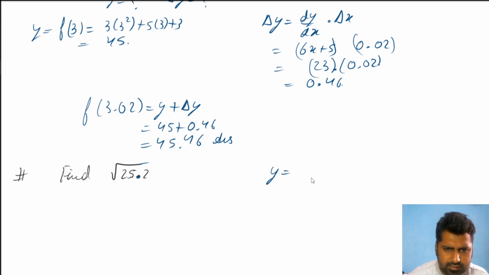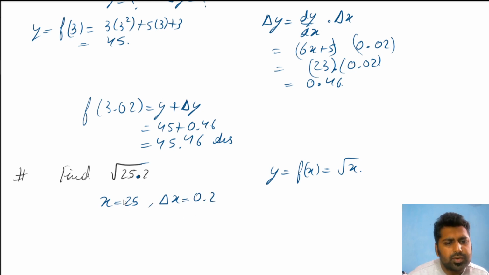That's your f of x. y is equal to f of x is equal to square root of x. That's your function, and clearly x is 25 and your small change in this x is 0.2, approximately 0.2.